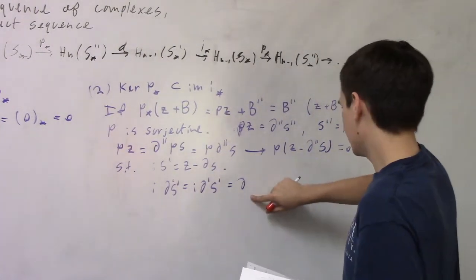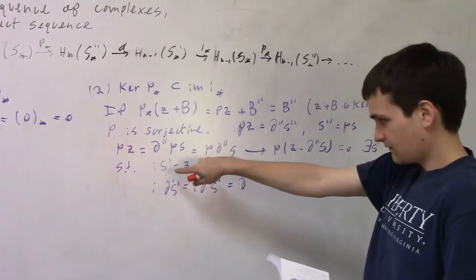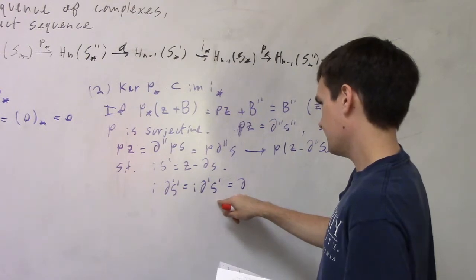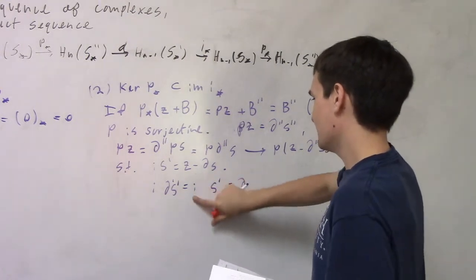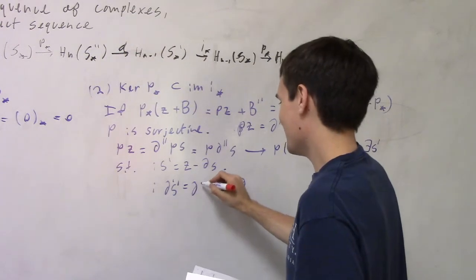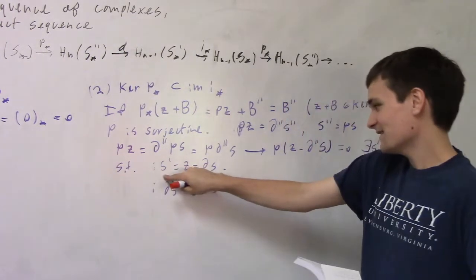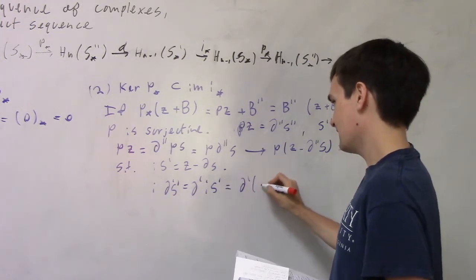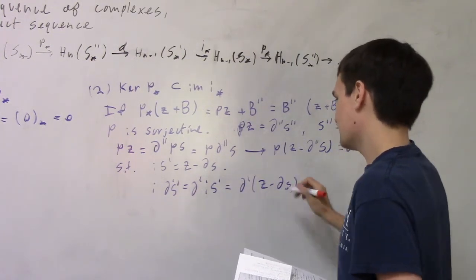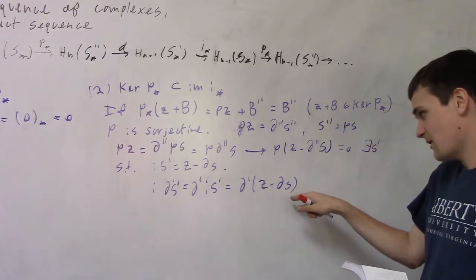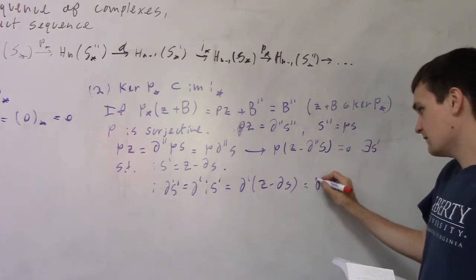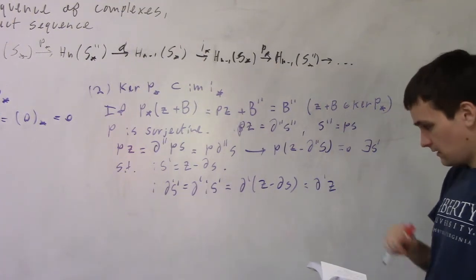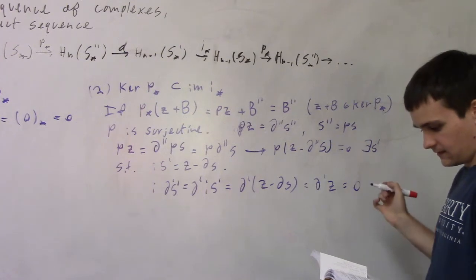He's using this relation, right? Oh, I just wrote the same thing, didn't I? Yeah. So, okay, now it makes sense. Because now we use this, so he skips a step, but it's equal to Z minus partial S. Yeah. And then partial 0, mm-hmm, so this is just equal to partial prime Z, which is equal to 0 because that's a cycle.